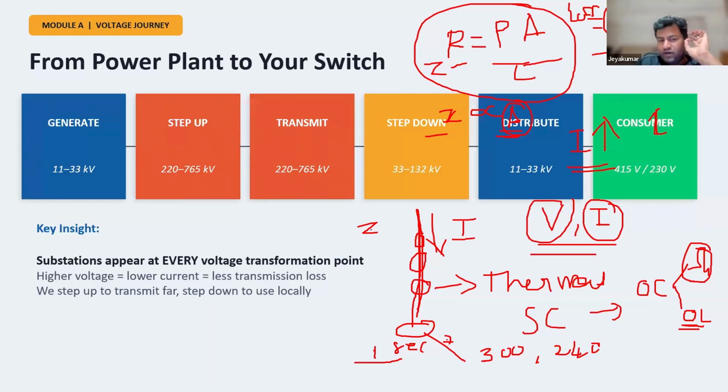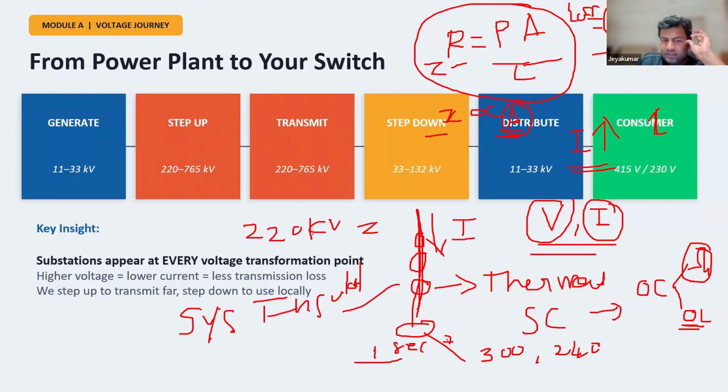Second, you have to consider voltage. The moment you consider voltage, you need to think with respect to the system insulation. What do you mean by system insulation? When you put 220 kV, they have to put a lot of insulation. Insulation could be air insulation: the air around the conductor acts as the insulation, or between conductors you have to give some clearances.